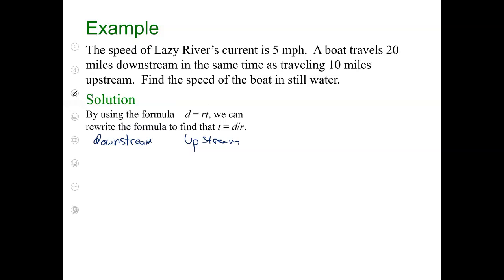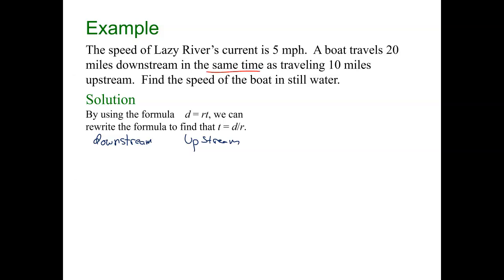Now, here's the important thing. In order to compare these things, something has to be the same. What's the same in this situation, regardless of going downstream or upstream? The speed of the current. But what about its trip downstream and its trip upstream?